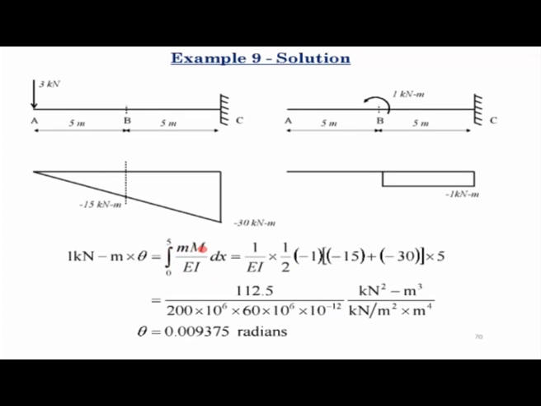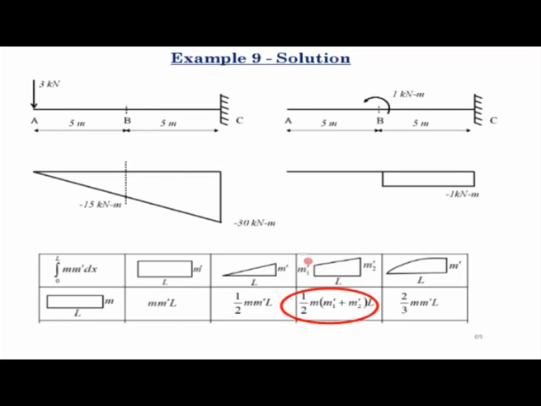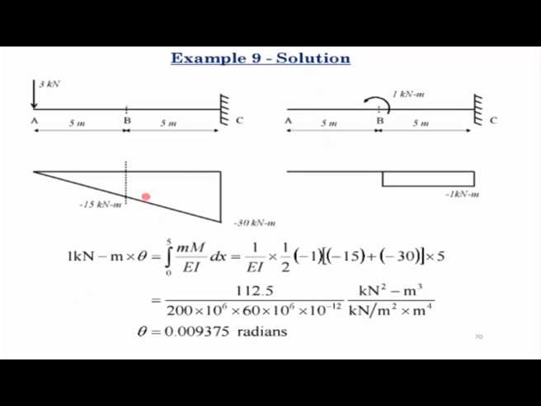So that is what we are doing, the integral from 0 to 5 of m m dx. So here the origin for x is at point B. So if you use that formula, EI is constant, half m, this is the uniform m, which is -1, into m1 plus m2, that is -15 plus -30, into the length, which is 5.